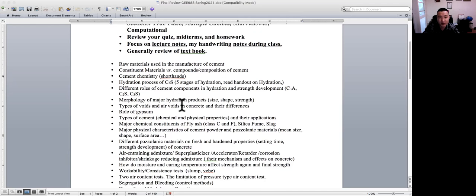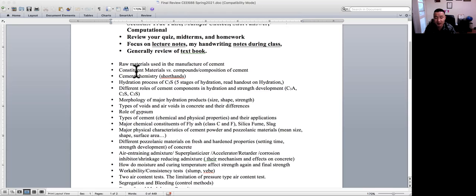First of all, raw materials used in manufacturing of cement. So remember the oxides we need: lime, iron, silica, and alumina. You should also know the difference between constituent materials and compounds.